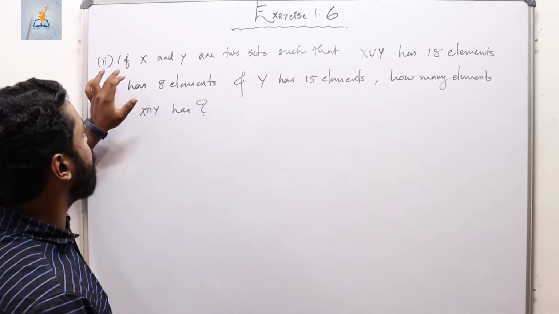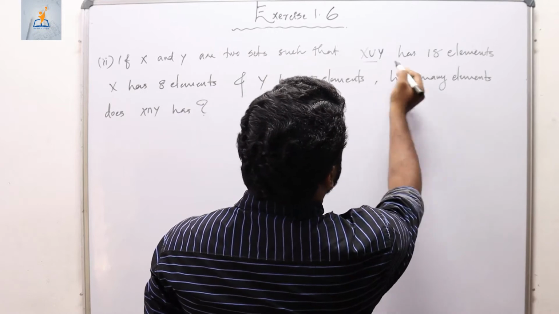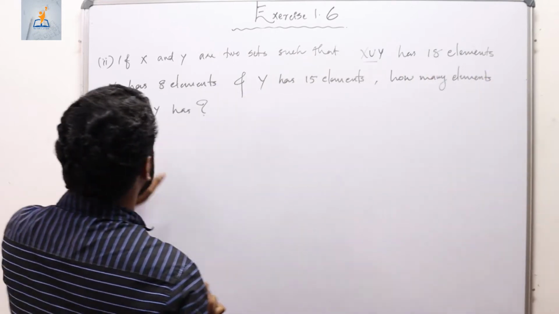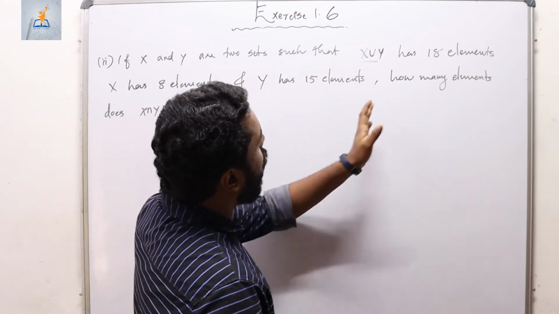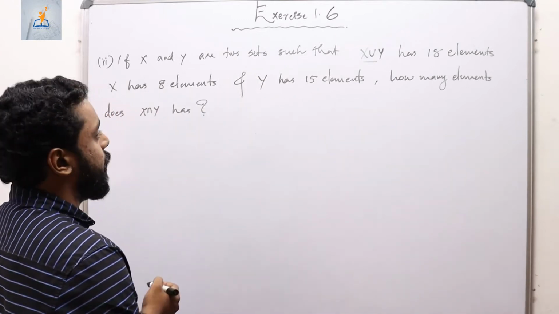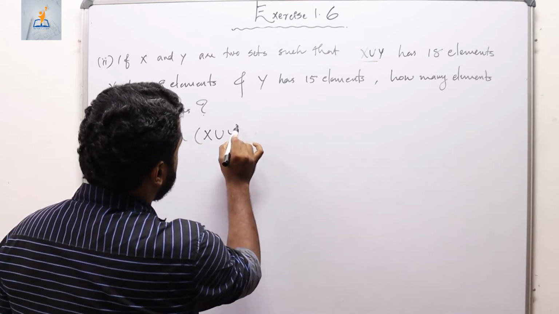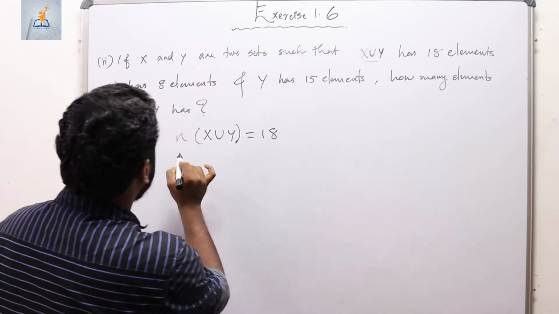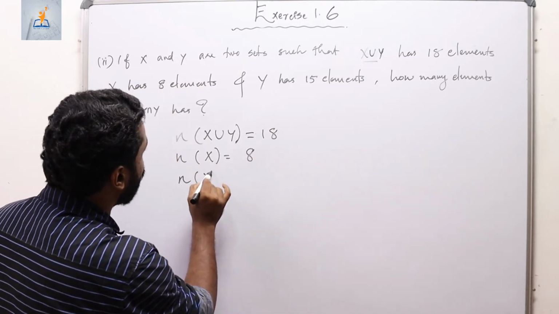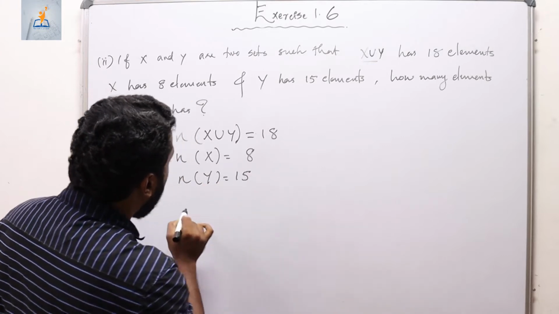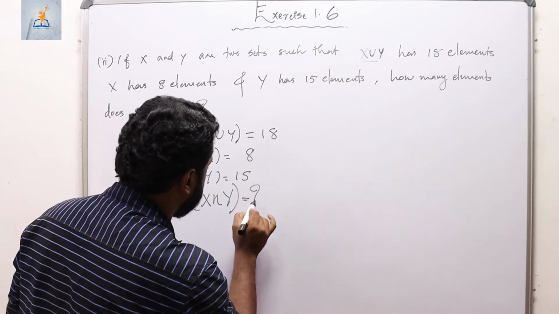The question is that if x and y are two sets such that x union y has 18 elements, x has 8 elements, y has 15 elements, how many elements does x intersection y have? We are given n of x union y is equal to 18, n of x is equal to 8, n of y is equal to 15, and we are asked to find n of x intersection y, isn't it?